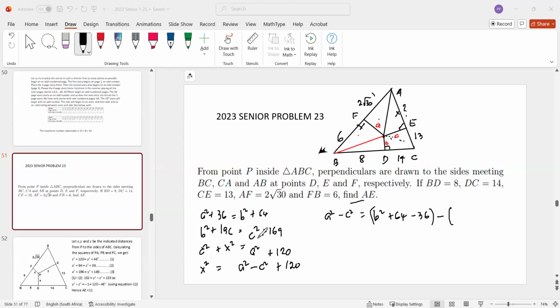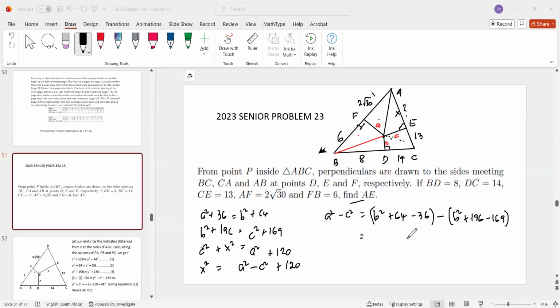From the other equation, c squared is b squared plus 196 minus 169. Okay? Because c squared, I've got a minus sign in front, c squared is equal to b squared plus 196 minus 169. Now you'll notice when I remove the brackets here, the b squares cancel out.